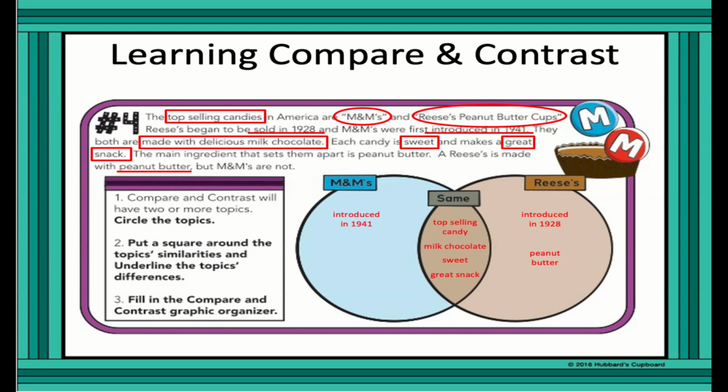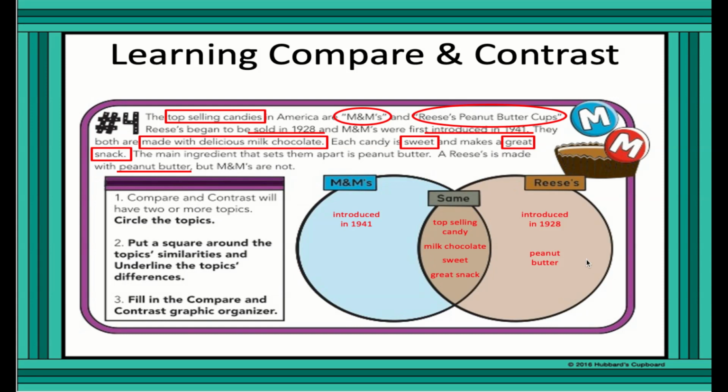So we can see that they circled their topics. They put boxes around the things that were the same, and then they underlined the things that were different. So you guys will be filling out a lot of these different compare and contrast Venn diagrams, showing the similarities and differences. It's a great visual way for you guys to see all of that.